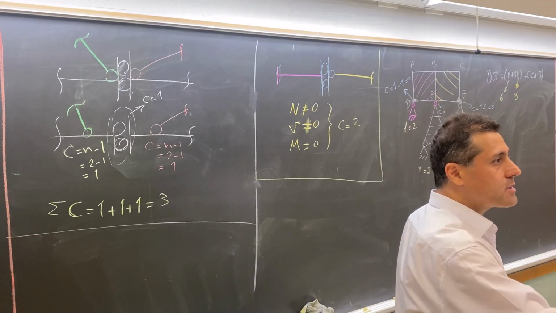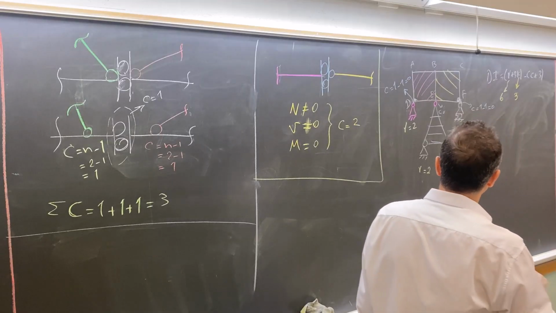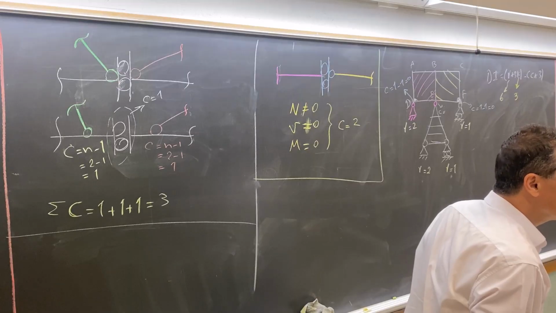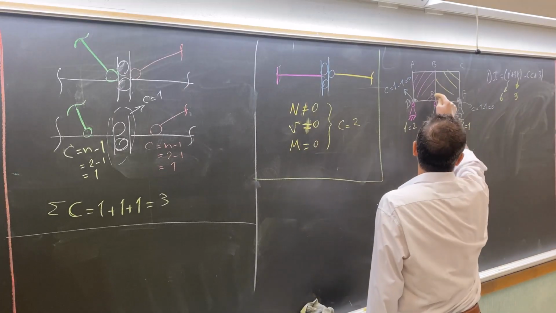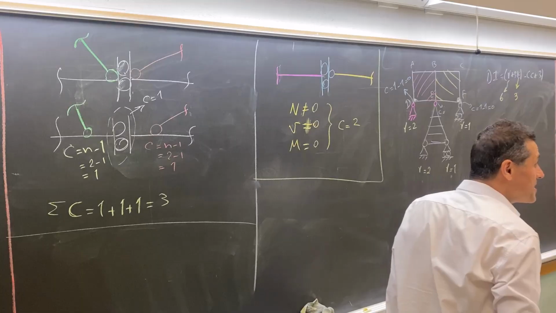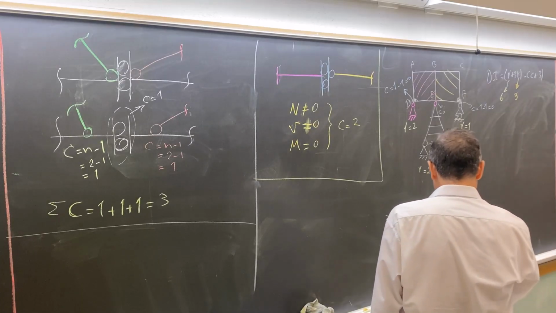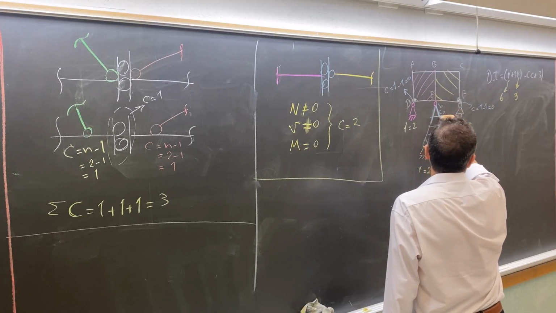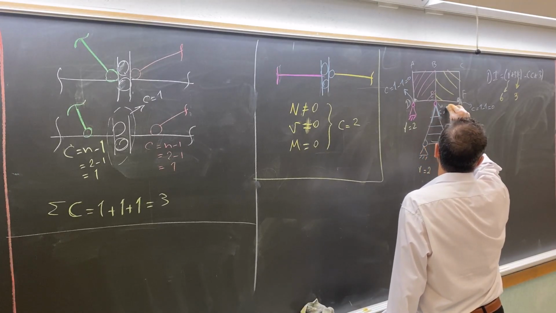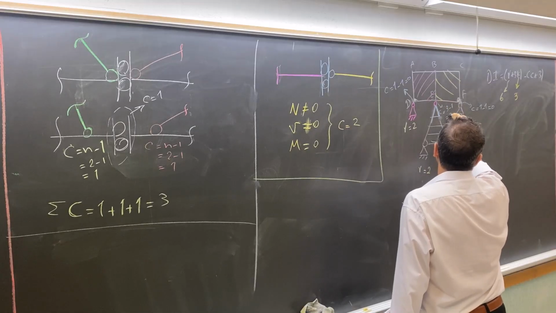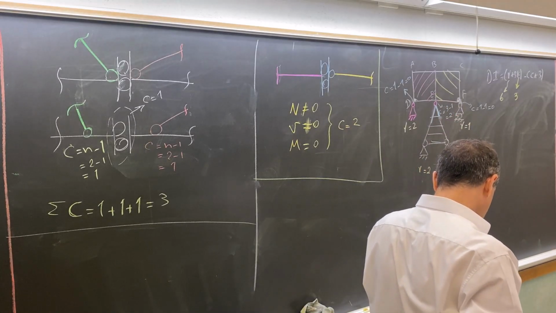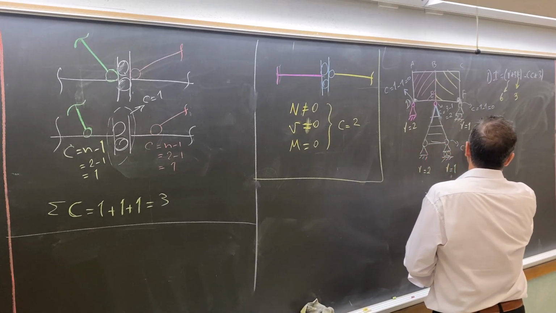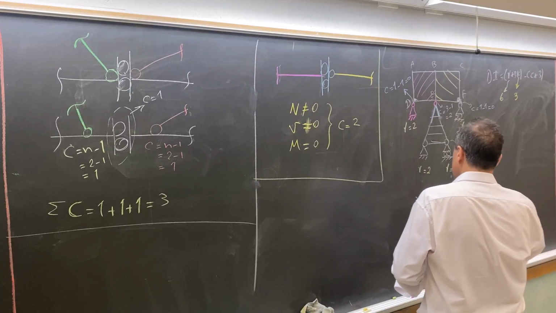So what about here? How many elements? 2. Why do you say this is 1 element, this is 2, this is 3? Isn't that whole thing connected? Yeah, I should draw it in this way. So it is not welded. So 3 minus 1 is 2. And then here, C is 2 minus 1, which is 1.